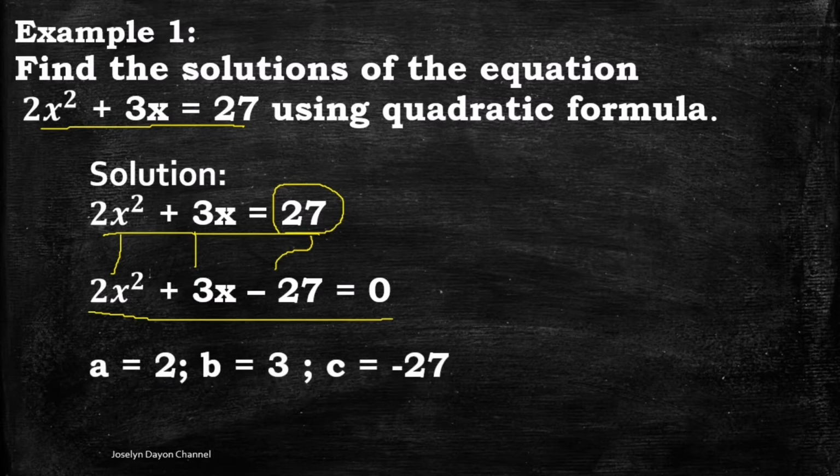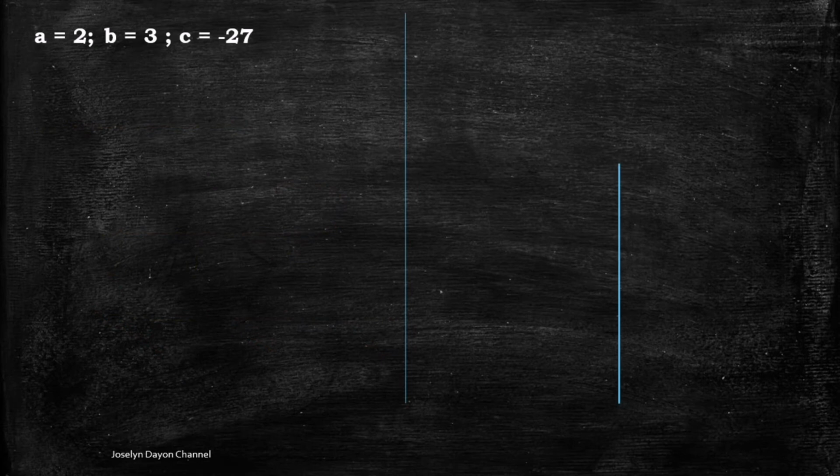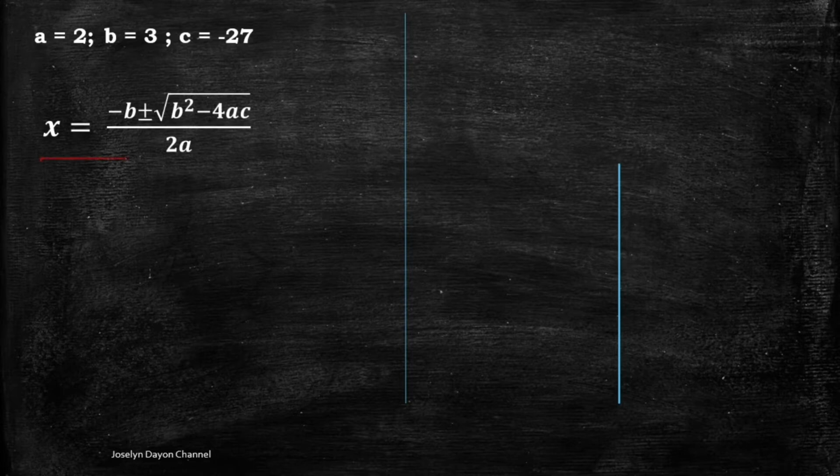Next, determine the values of a, b, and c. The value of a is 2, the value of b is 3, and the value of c is negative 27. Then, we have to substitute the values of a, b, and c to the quadratic formula.